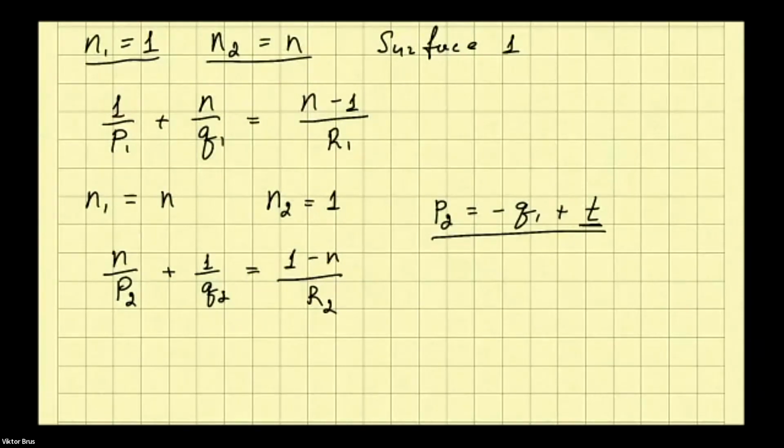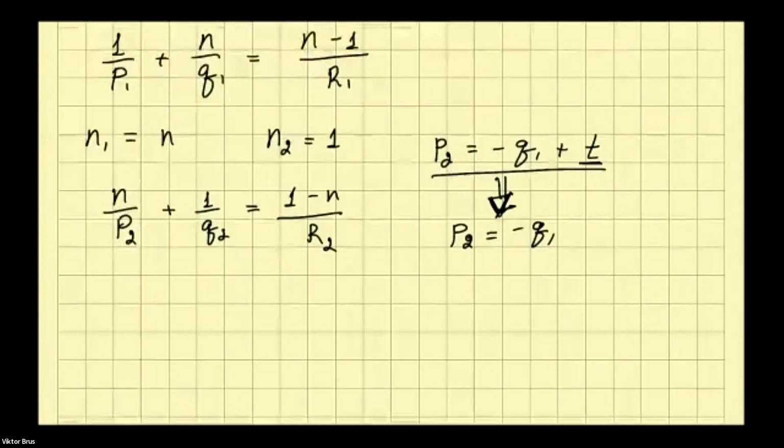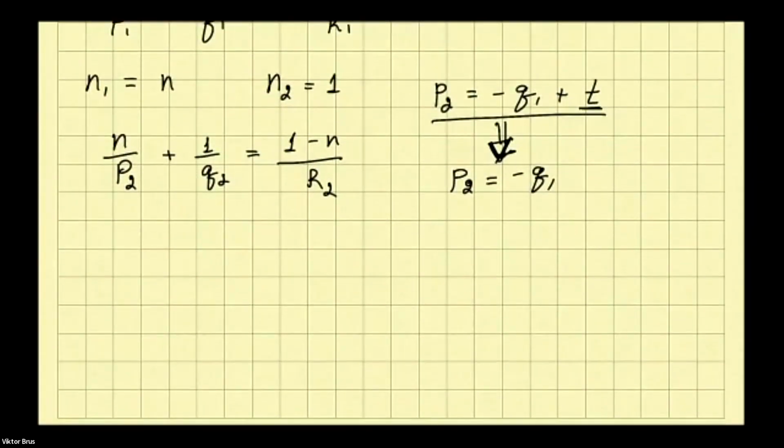So we can neglect this thickness T with respect to distance Q1 from the first surface to the image of the object formed by first surface. And then with some level of approximation, we can write that P2 is equal to minus Q1, because we assume that this lens is thin.